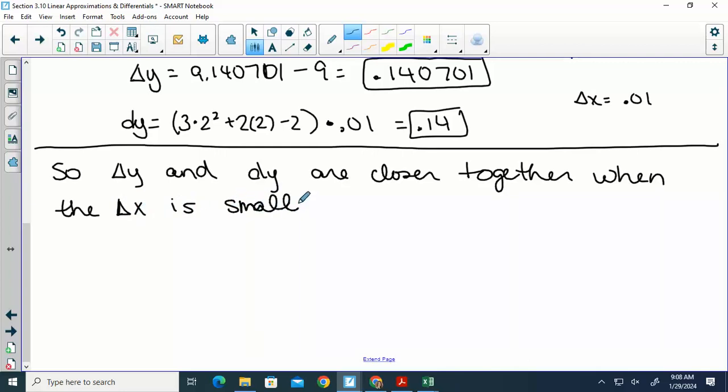And we already knew that, our linear approximation, it's only accurate if you're close to your x value. The further away from your x you get, the less accurate that's going to be. Any questions for me?